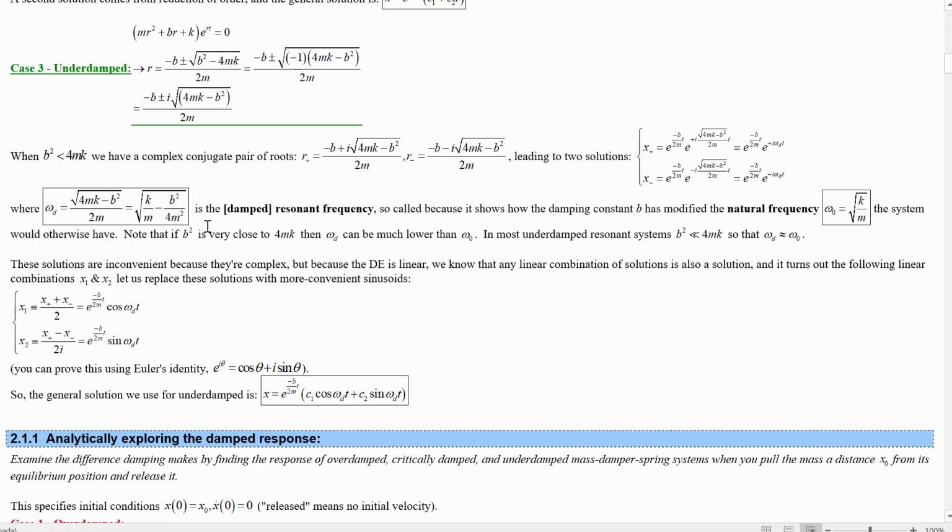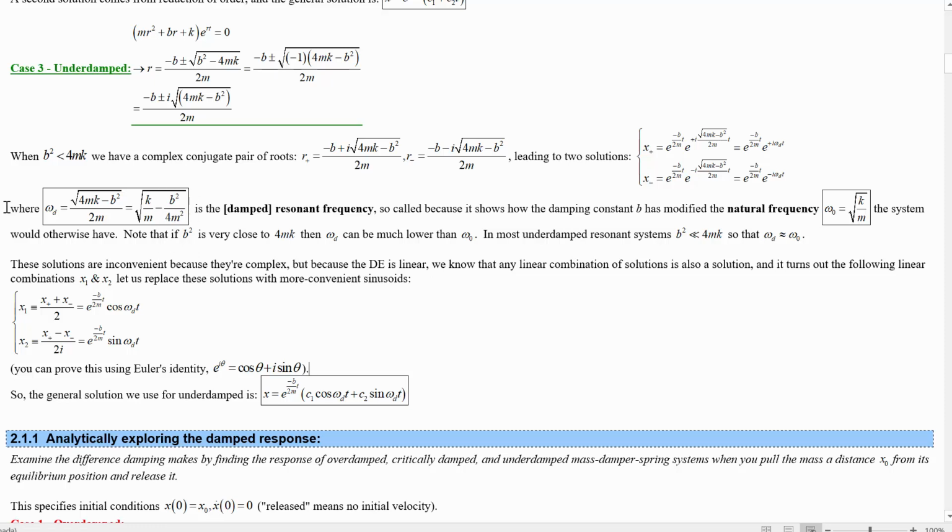This is the damped frequency, or the damped resonant frequency, and we'll see why it is called that when we look at driving these mass spring systems. But in the meantime, this is just a substitution of convenience.